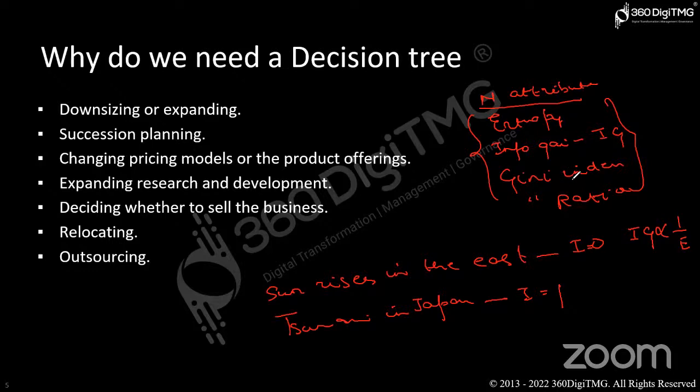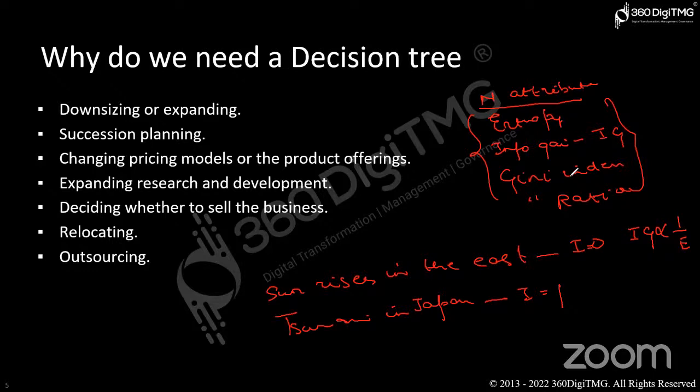You have the Gini index. You can say that the Gini index is a cost function used to evaluate splits in the data set. It is calculated by subtracting the sum of the squared probabilities of each class from 1, and it favors larger partitions and is easy to implement, whereas information gain favors smaller partitions with distinct values.